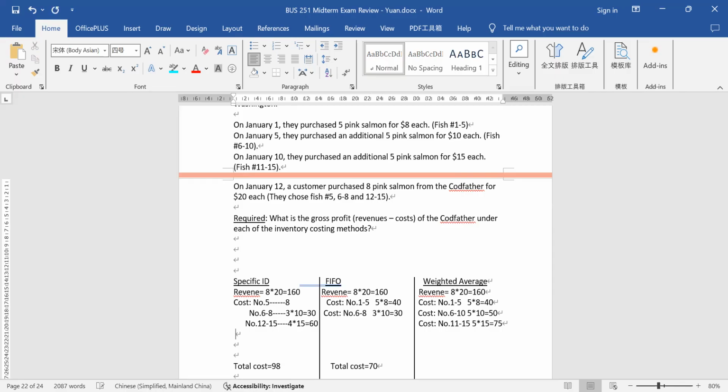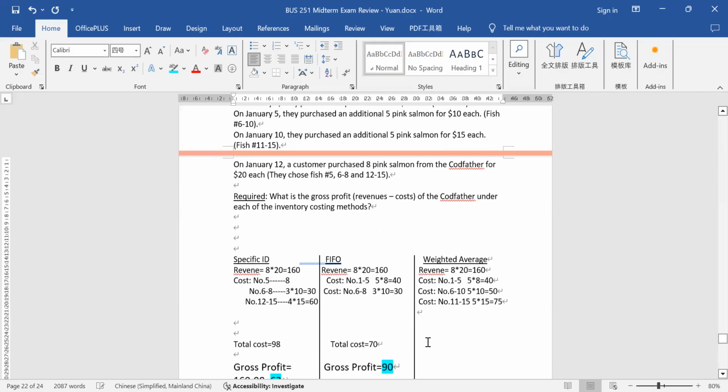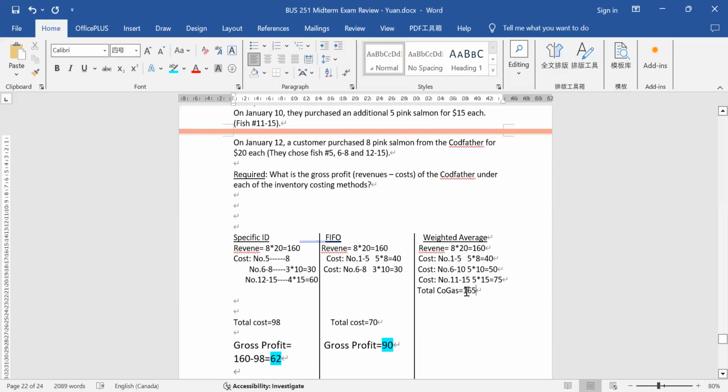And then you do the total cost. You sum this together: 165. And you have this as the ending balance of your inventory. How many fish do you have here?